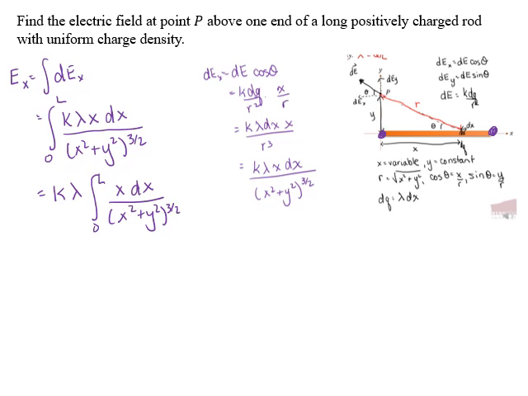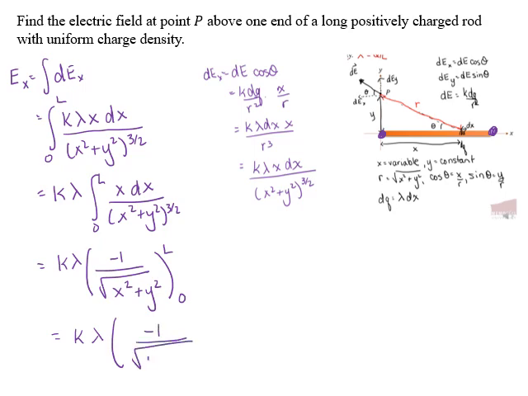We can look up that integral in the book if we wish, and what we get is k times lambda outside of minus 1 over square root of x squared plus y squared. That's got to be evaluated from x equals 0 to L. So we've got k times lambda. First we'll plug in x equals L. Then we'll subtract the term where we plug in x equals 0.